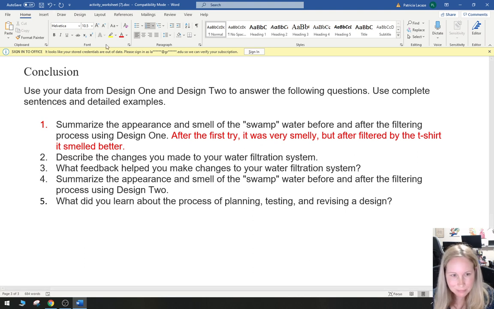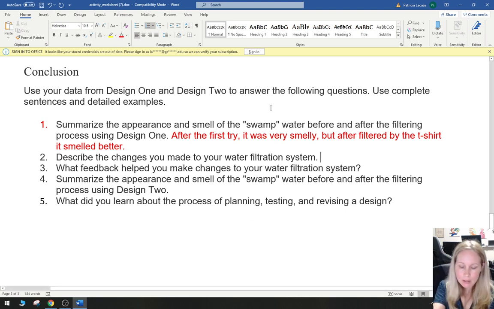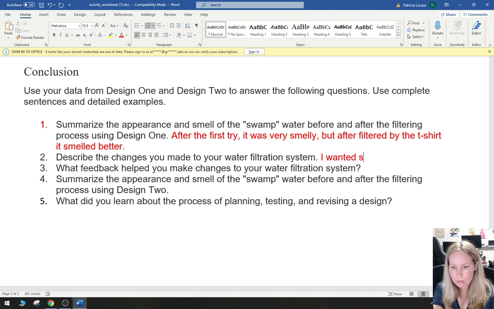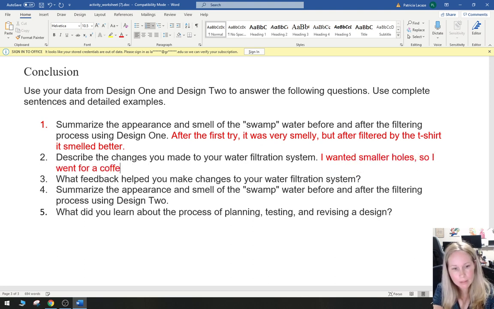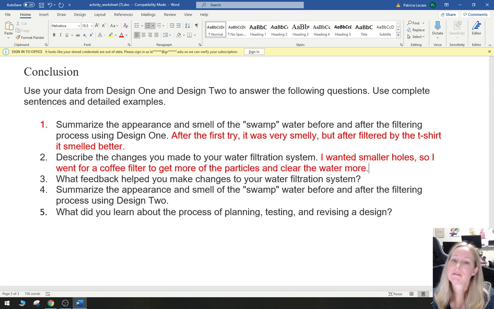Well, I wanted smaller holes, so I went for a coffee filter to get more of the particles and clear the water more. And like we were saying, the more of those, the more clear you can make the water, the fewer pathogens, and the better it is to drink for those people who need water.